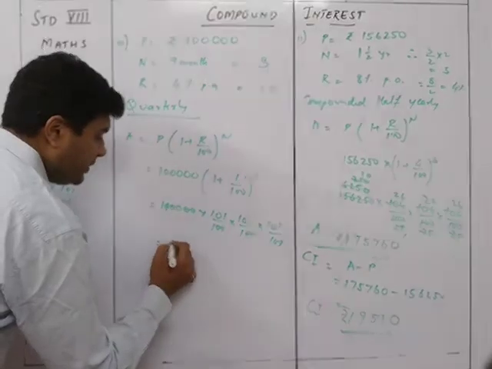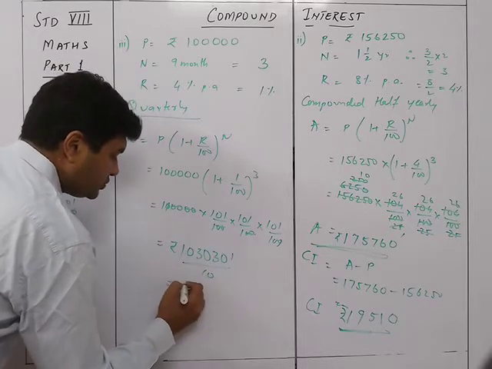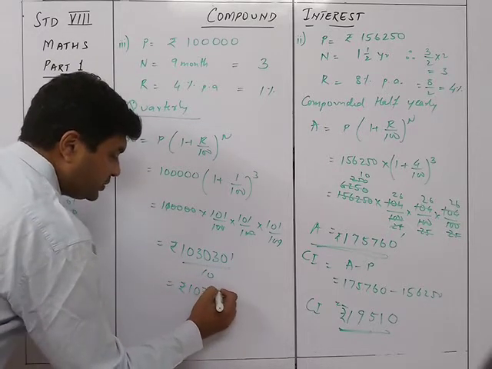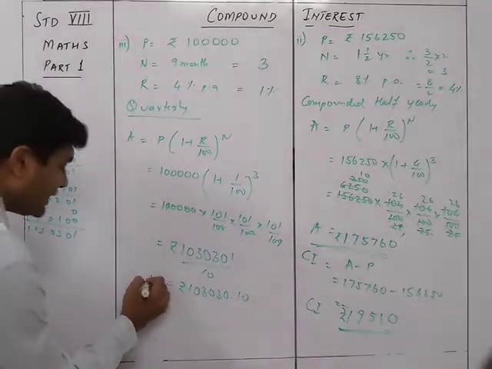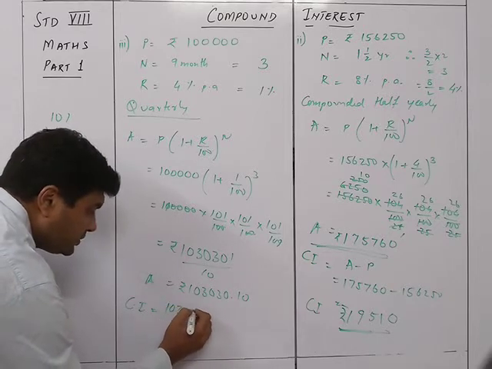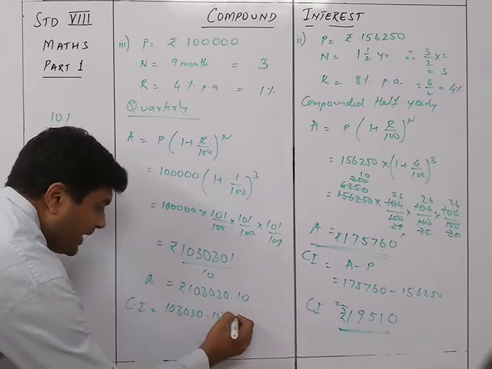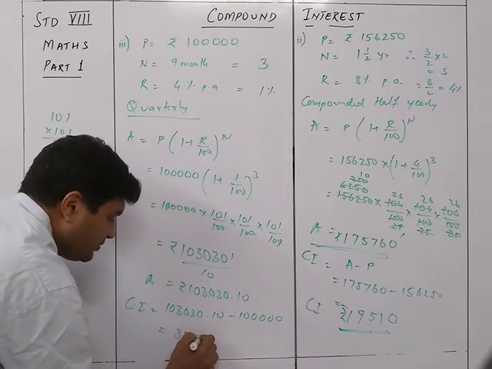So that's 1,030,301 upon 10, which is equal to rupees 103,030.10. So that's the amount, and the compound interest will be equal to 103,030.10 minus 100,000, which is 3,030.10.